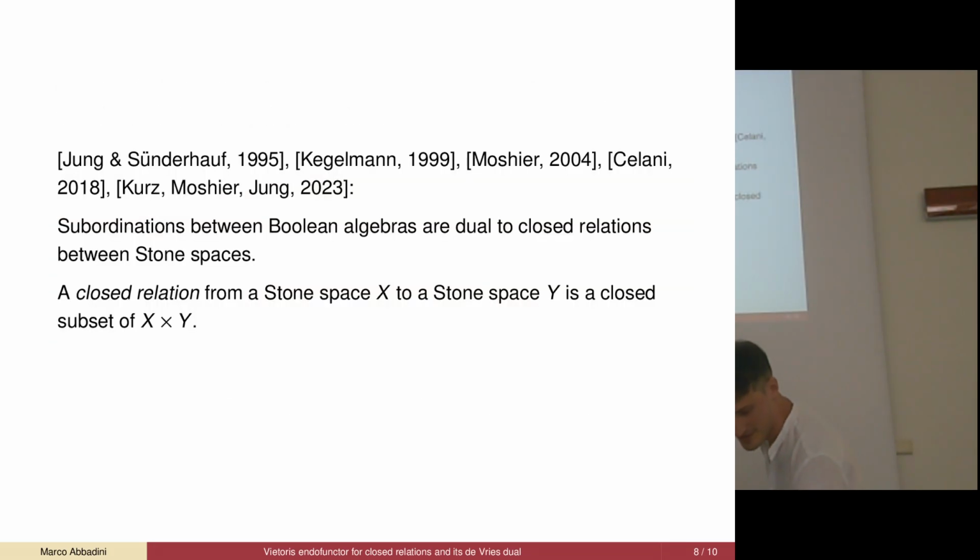Okay, and just to motivate these subordinations further, they are also well behaved from a duality perspective, because they are dually in one-to-one correspondence with closed relations between Stone spaces.